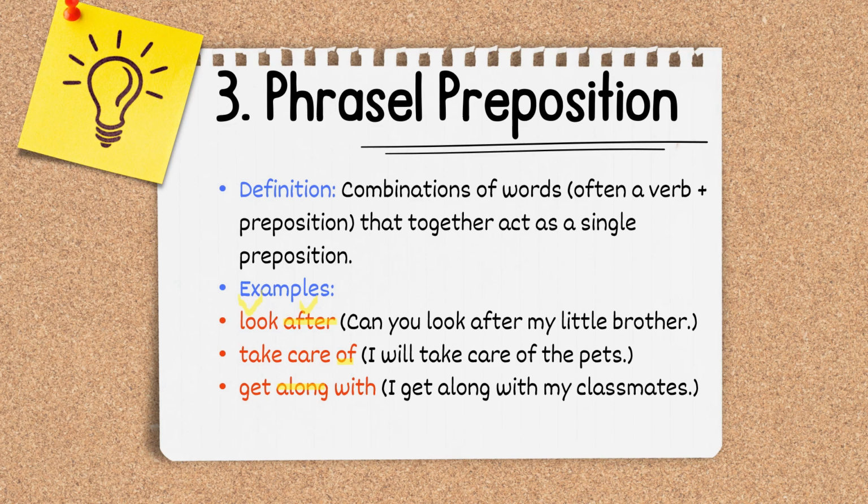But look is a verb. What are verbs? Verbs are an action or a state of occurrence, right? So look is an action, take care is again an action. Get tells you the state of occurrence of something. So these are verbs, and these verbs have been combined with prepositions. That's why these are phrasal prepositions.